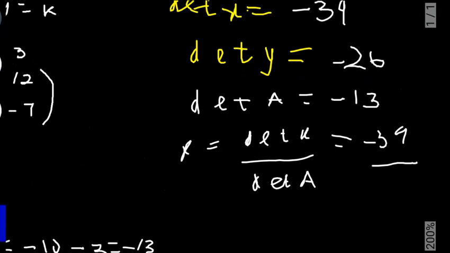So -39 divided by -13 is 3. So the value for X in this equation is 3.